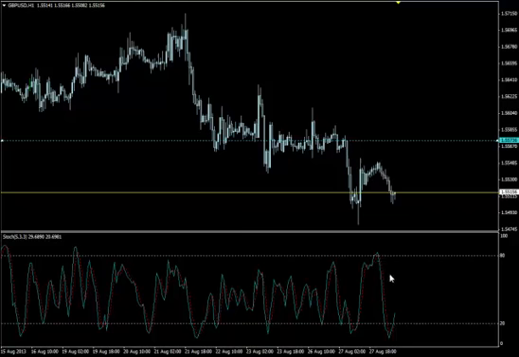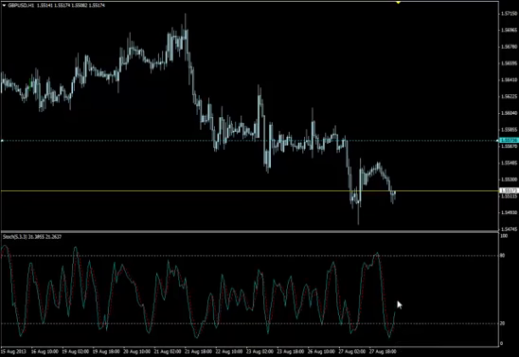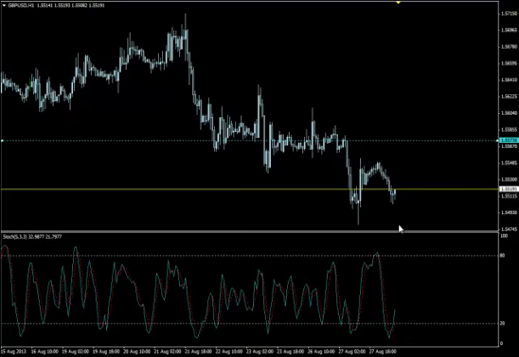Exactly when the stochastics touched the 80 level and went above it, in the overbought area, they plunged down and exhausted their move, and they are on their way up again. That's what the H1 time frame using the stochastics shows us. So we expect an upward move, and we will watch it deploying.